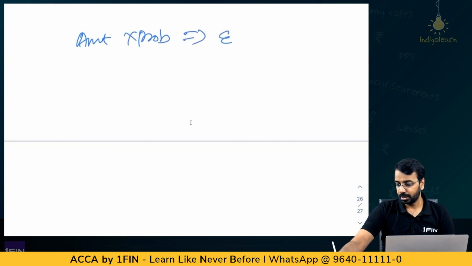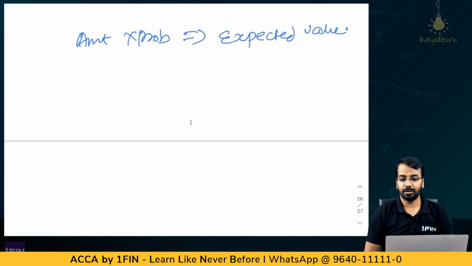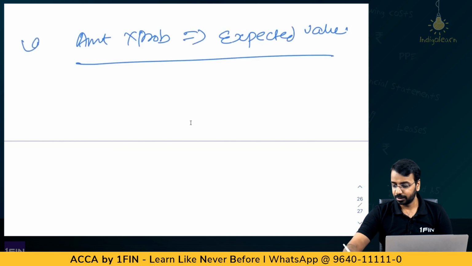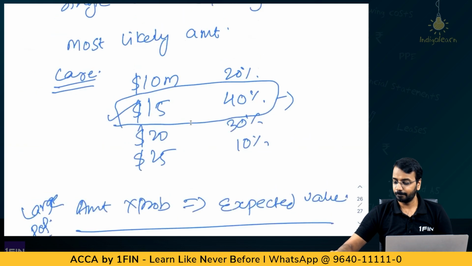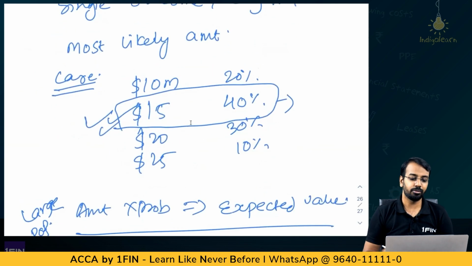This is what is called the expected value. Amount into probability, expected value, that will be used in case of a large population. In case of a single outcome, you will use the most likely amount to determine the provision.